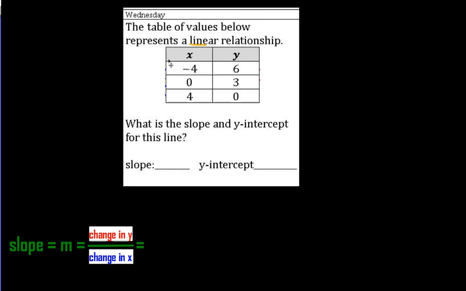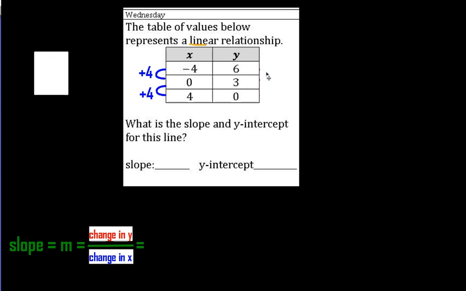You only need 2 points to be able to graph a line, but let's take one step at a time. If I'm going from -4 to 0, I'm increasing by 4. And if I want to find the next point, does that work for the next point? Yeah, it does. So it's going to be +4 each time. So our change in x is going to be 4.